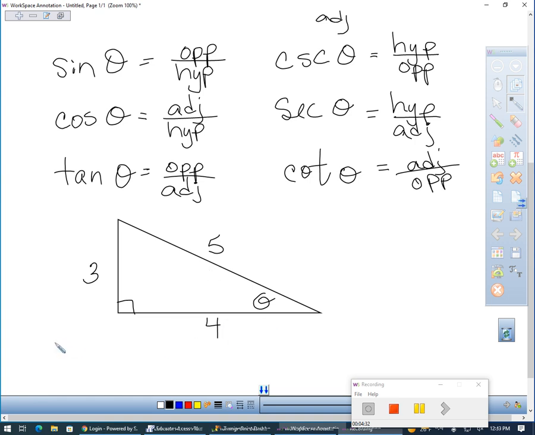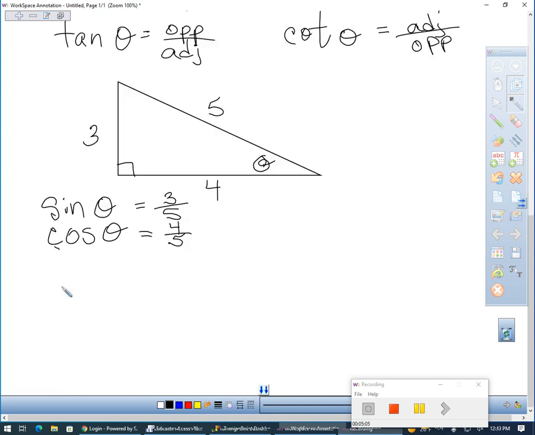So the very first one we're going to start with is the sine of theta equals, and from theta, opposite is 3, hypotenuse is 5. All right, we're good? The next one is cosine. Again, that one you already know. From the theta, the adjacent side is 4. The hypotenuse again is 5. Good. All right. Tangent of theta is from theta, opposite, which is 3, over adjacent, which is 4.